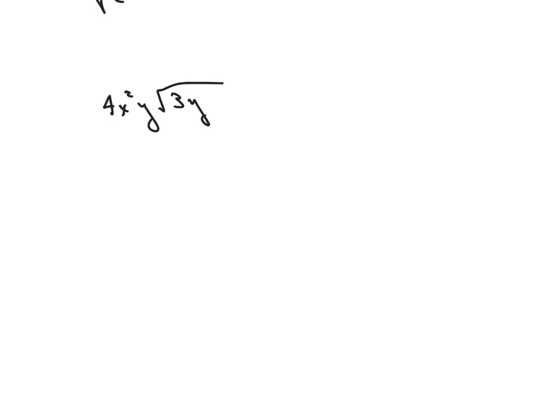If none of the factors of the radicand, this is the radicand, can be written as powers greater than or equal to the index. That is, no perfect squares can be factors of the quantity under a square root sign. Okay, so basically that means that this cannot be reduced anymore.